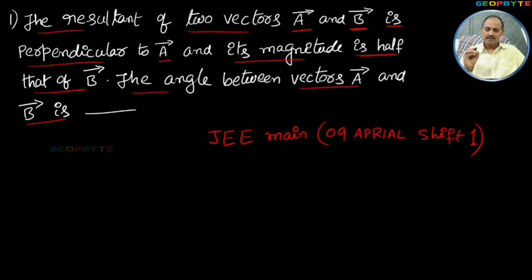Okay. Since the resulting vector between A and B is perpendicular to A, definitely the angle between the vector A and vector B is more than 90 degrees. Having that information, let us mark the two vectors. Let the vector A be here.